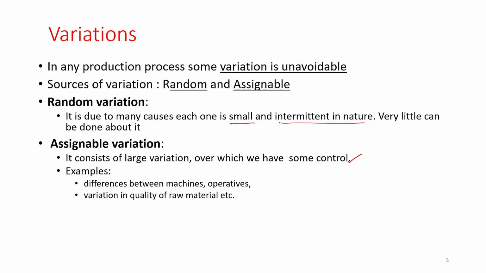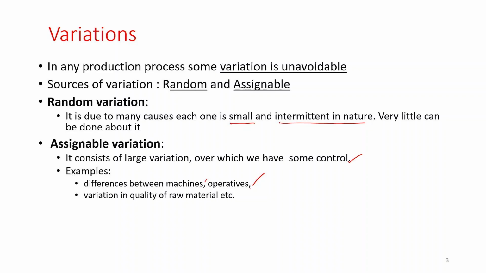So examples: differences between machines and operatives can lead to variations. Operator to operator, the skill of the operator may differ, and therefore there could be some variations in the quality characteristics of the product. Every operator is not equally skilled. Similarly, there could be machine to machine variations.